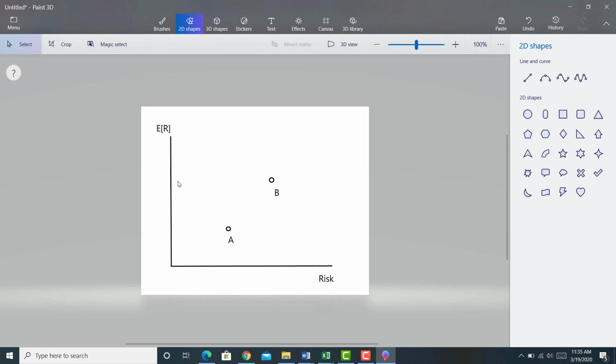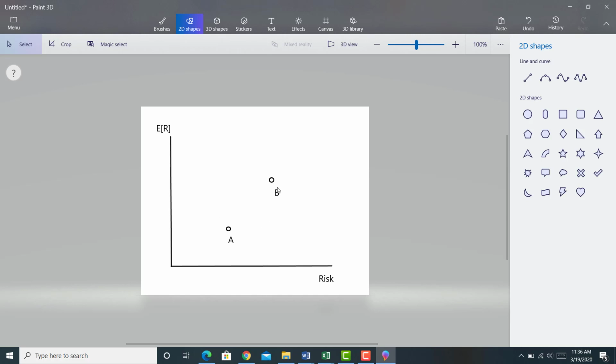And what we're going to do is talk about how much of your wealth you should put in asset B versus how much of your wealth you should put in asset A. Now notice you can create an infinite number of portfolios just with these two assets. You can put 100% of your wealth in A, 0 in B, or 100% in B and 0% in A. You could put 99.9% of your wealth in A and 0.1% in B, and so on. You can create an infinite number.